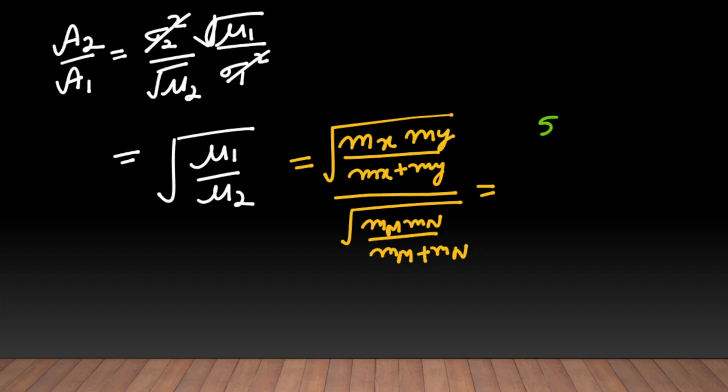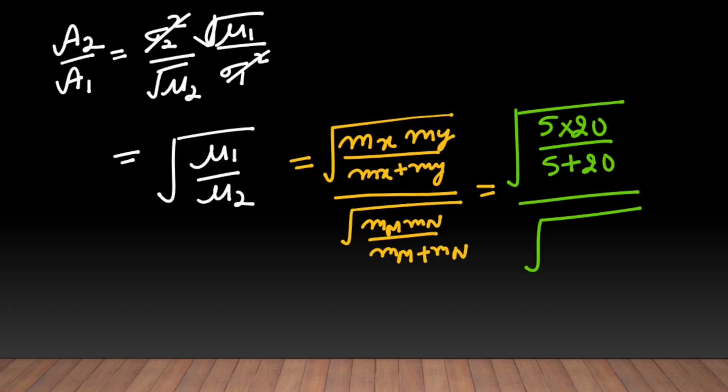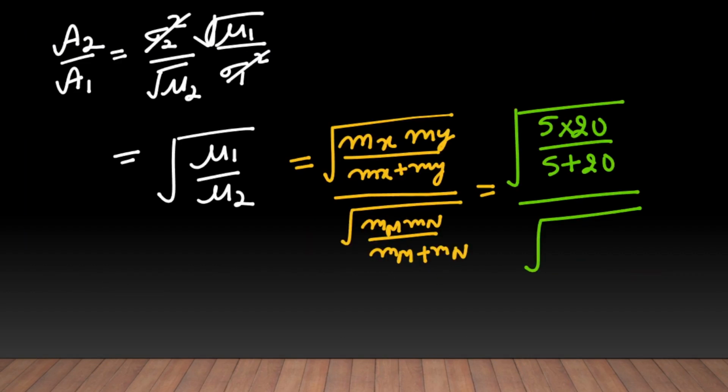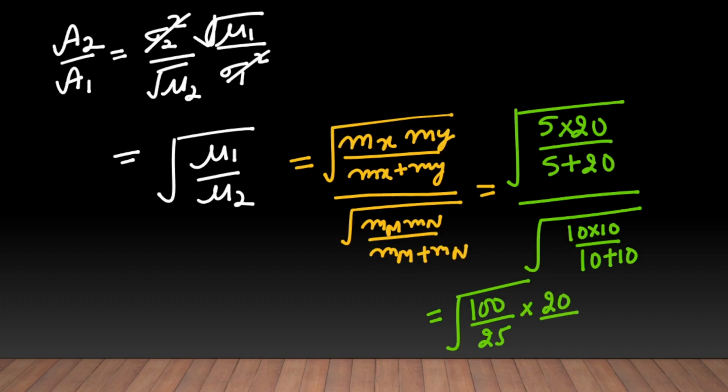So this will be equal to 5 into 20 upon 5 plus 20. This is in the root, and in the denominator we have the values 10 and 10. So it will be 10 into 10 upon 10 plus 10. So this becomes equal to root of 100 upon 25 into 20 upon 100.